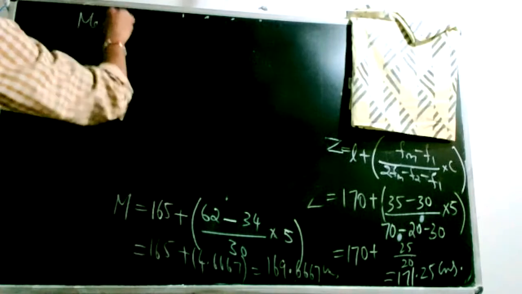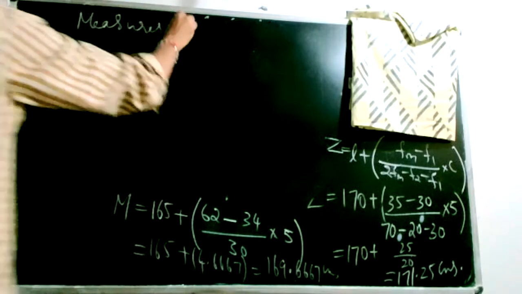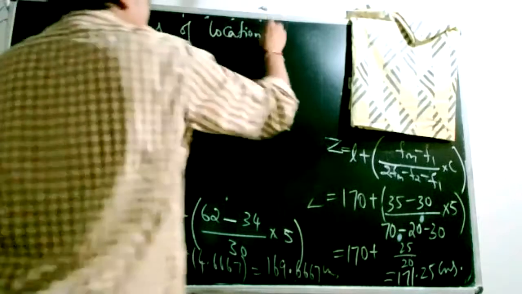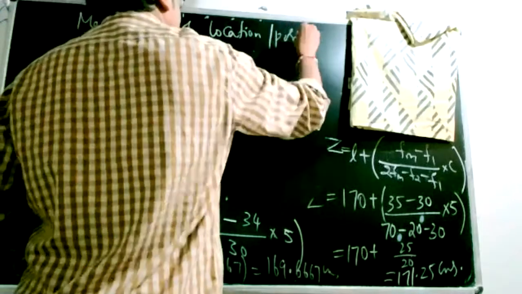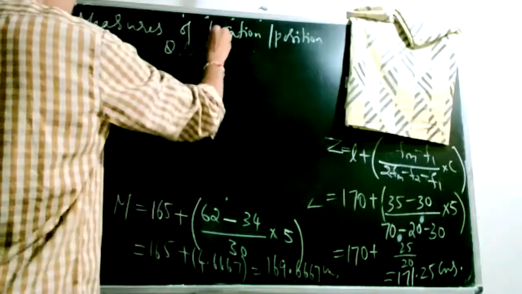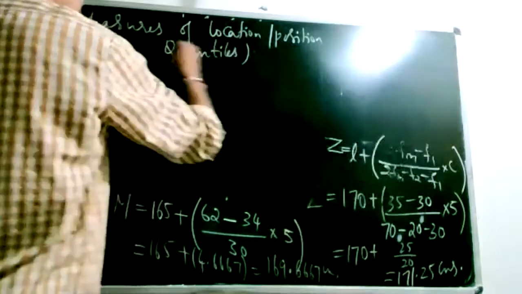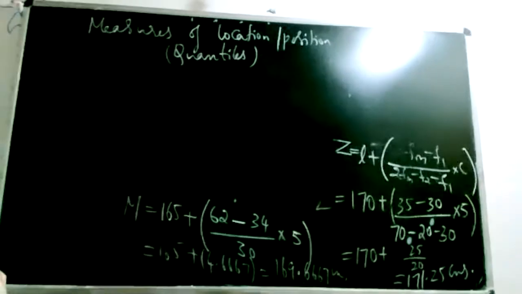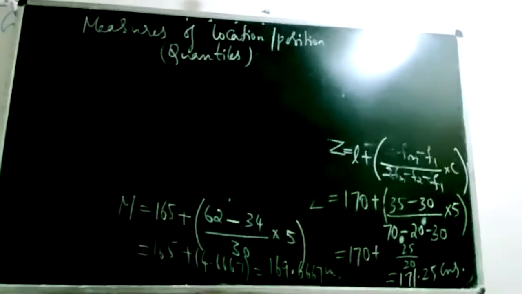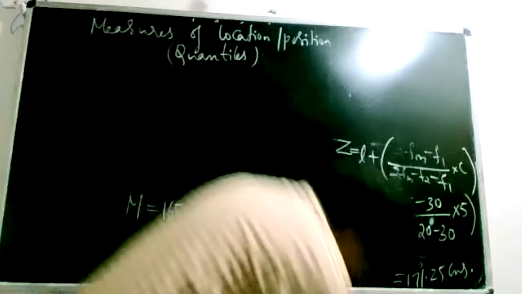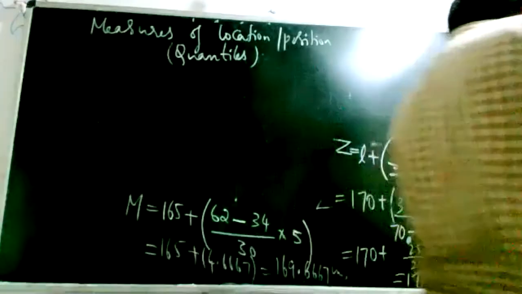Now the next measures for the data are measures of location or position, and they are statistically called quantiles. Quantiles are nothing but the values of x at some specific positions.